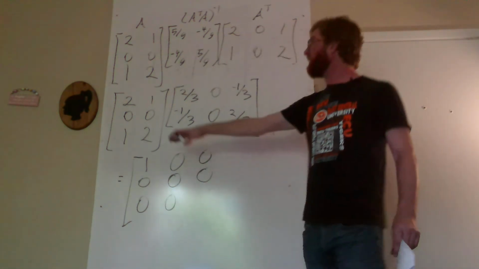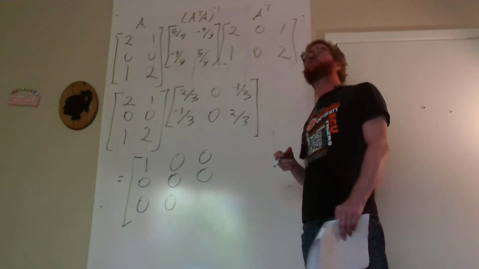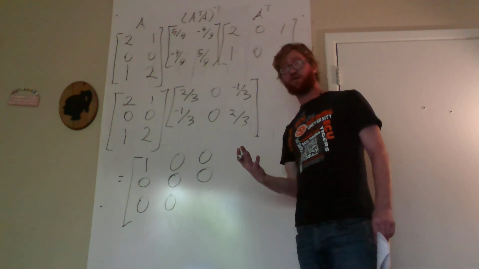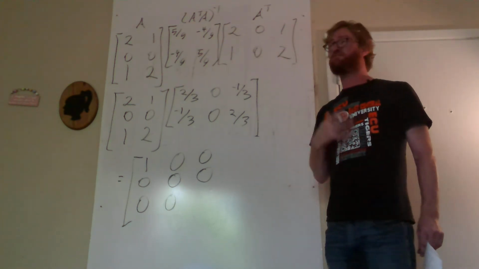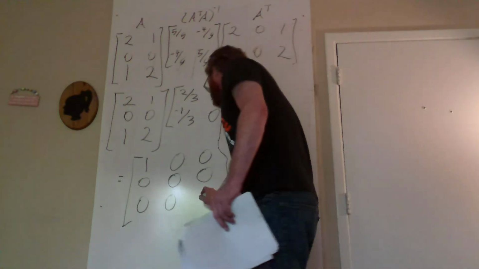And now 1, 2 acting upon negative 1/3 and 2/3: 2 times the 2/3 turns into 4/3, so it's really 4/3 minus 1/3, which becomes 3 divided by 3, which ends up becoming 1.